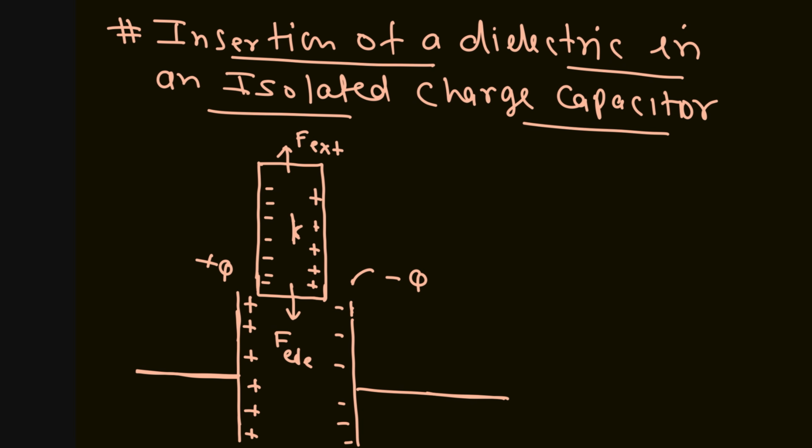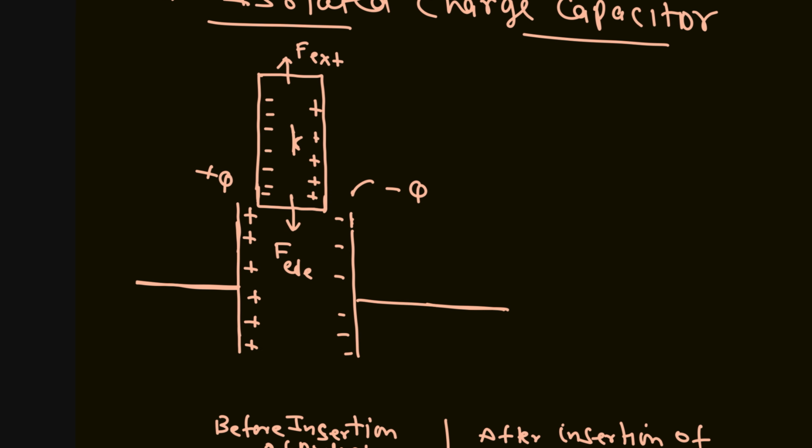When a dielectric is inside an isolated charged capacitor, due to this electric field, the dielectric becomes polarized. Near the positive plate of the capacitor, the dielectric has negative charge, and on the other side, near the negative plate, this edge of the dielectric gets positive charge.